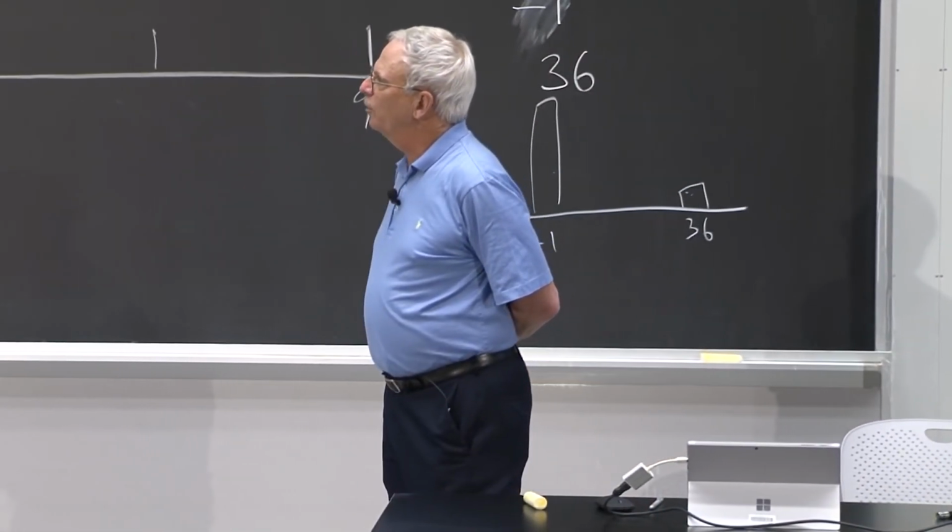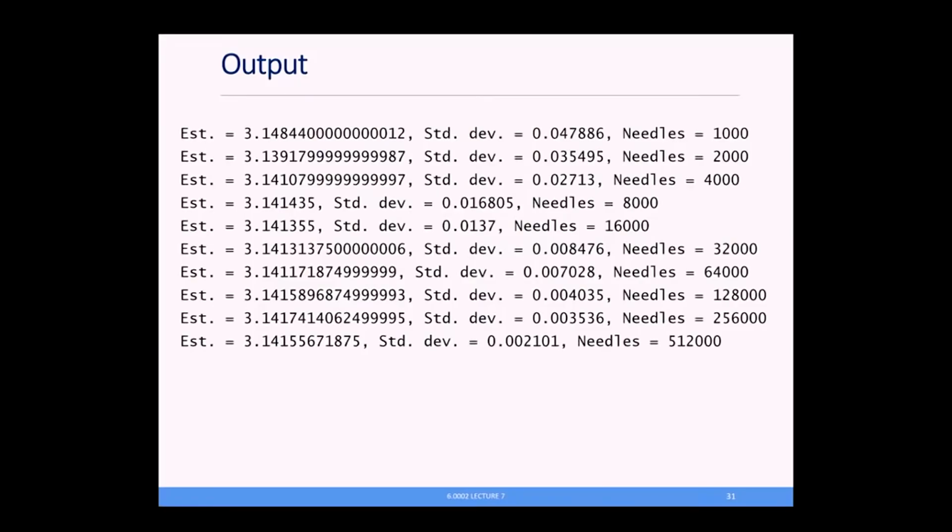Well, we start with some estimates. When we had 1,000 needles, it told us that pi was 3.148, and standard deviation was 0.047, et cetera. So a couple of things to notice. One, are my estimates of pi getting monotonically better?